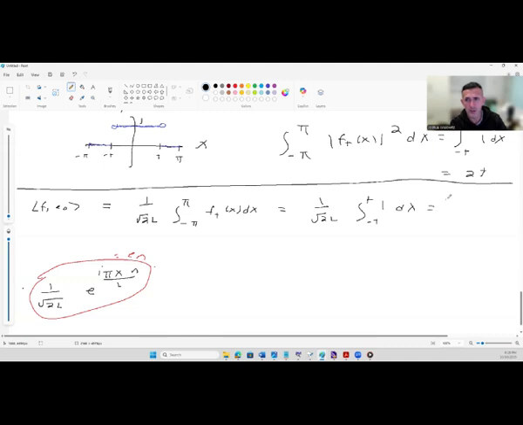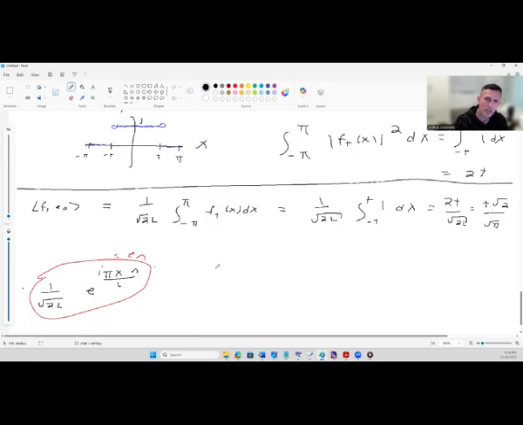So that is 2t over square root of L. And if you want to simplify this, just multiply and divide by square root of 2. So it's t square root of 2 over square root of L.